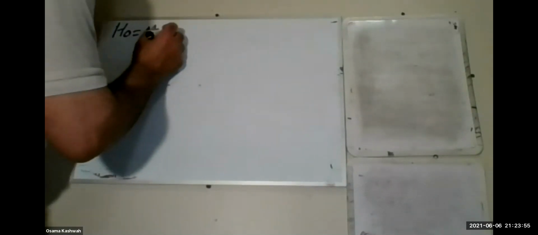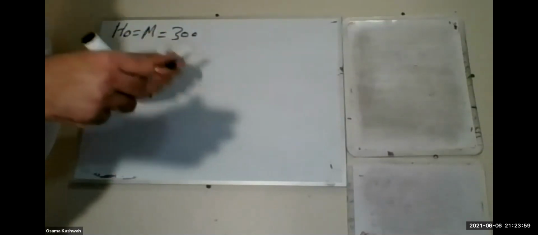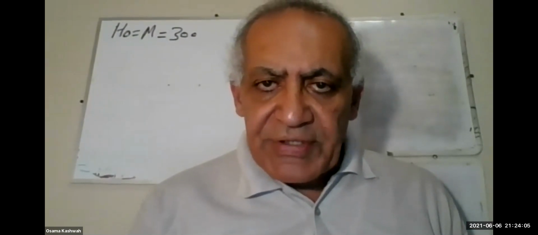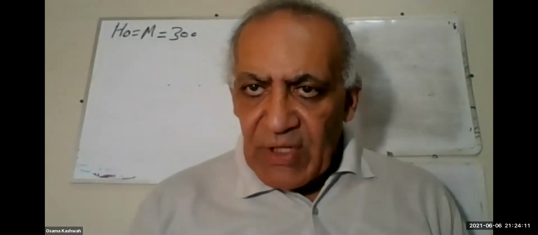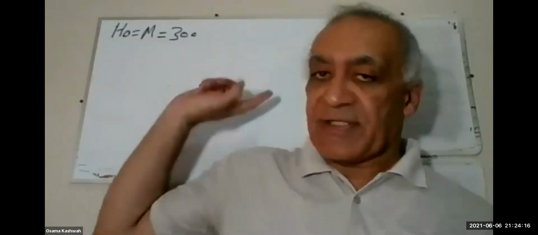Mu equals 300 hours, because they said that the mu, the average working of the batteries, is 300 hours. So we said H0: mu equals 300 hours.